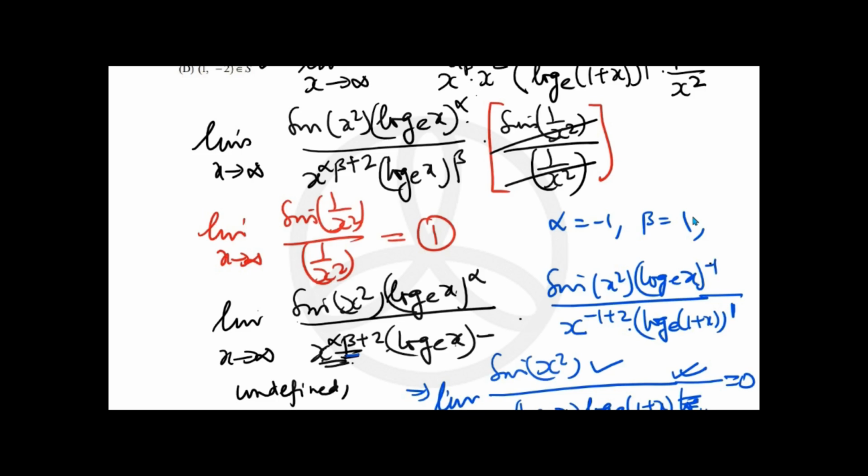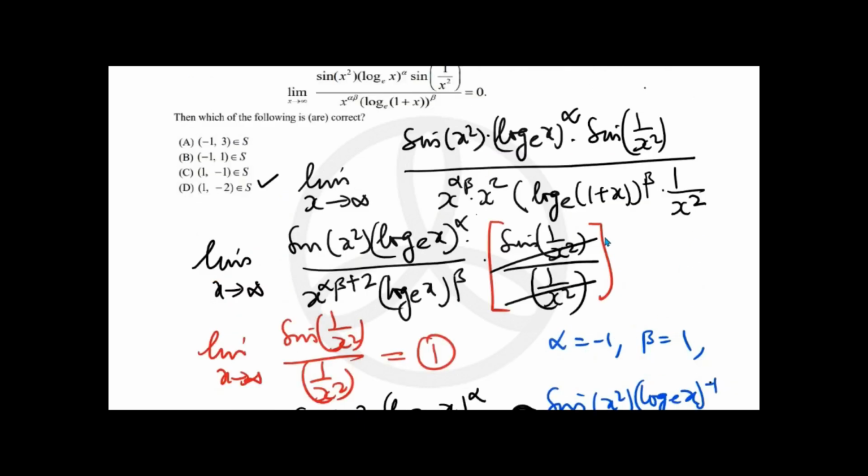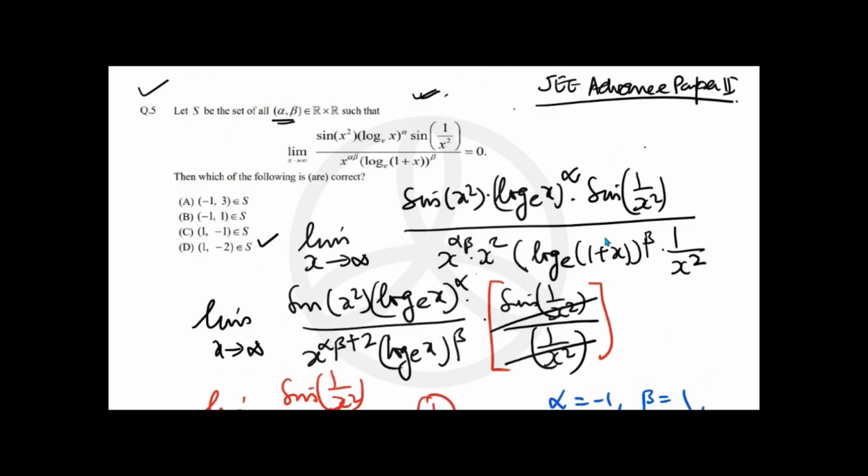Hence, this will become equal to infinity, and infinity is not an option which we can take, because we have to find this equal to 0. The fourth option will not be correct. The only two options which will be correct in this case will be B and C. Right, students? So let us move to the next question now.